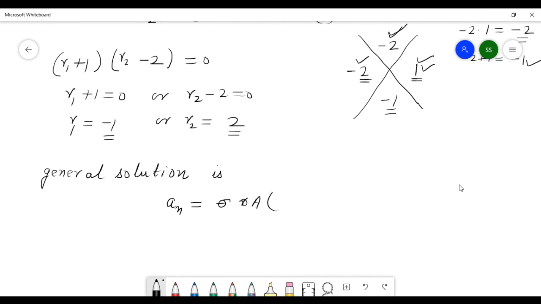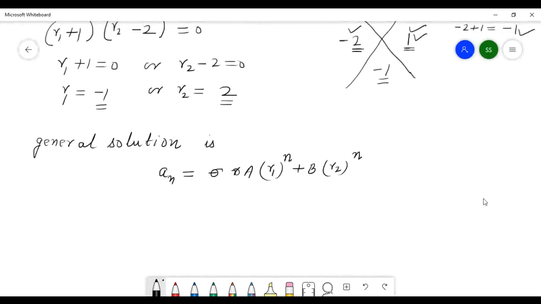A multiply R1 power n plus B multiply R2 power n. Other general solution. Okay. Is equal to what? These two numbers are different here, -1 and here 2. Different real numbers.